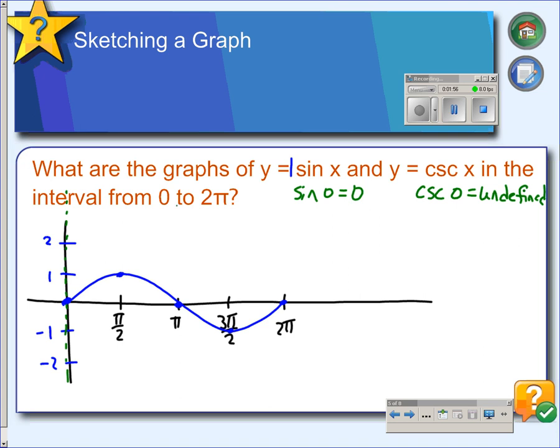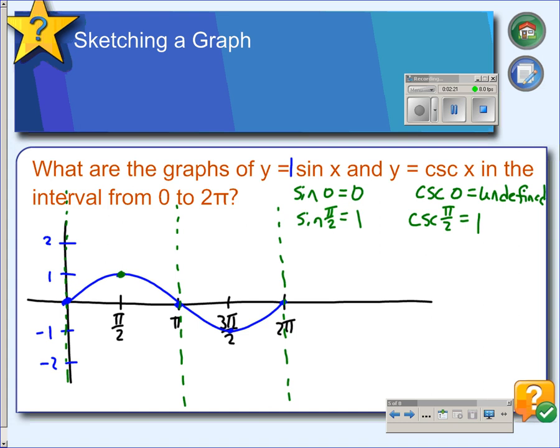So all of the zeros turn out to be asymptotes, like so. Then we have the sine of pi halves, which we know is 1, and the reciprocal of 1 is also 1. So at the cosecant of pi halves, we're at 1.